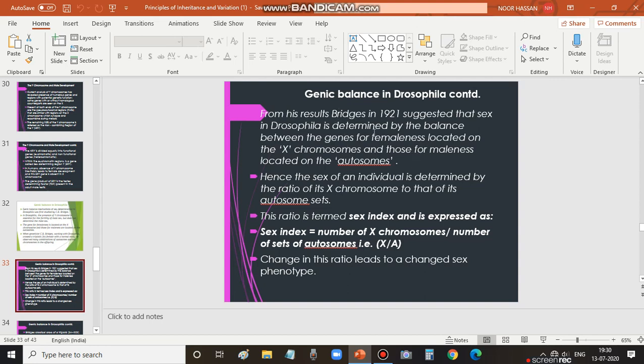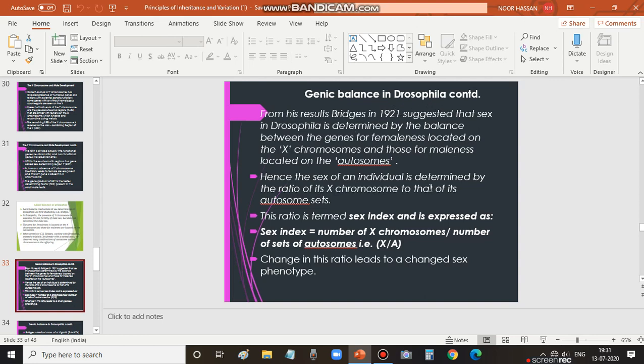So it is the balance, or ratio, between the genes on the X chromosomes and the genes on the autosomes that determines the sex in Drosophila. This is what was suggested by Bridges.